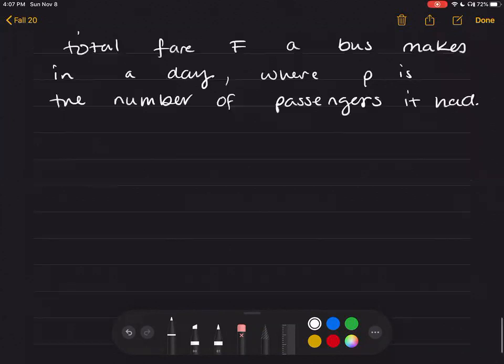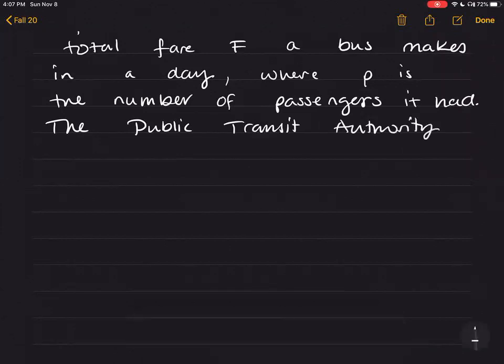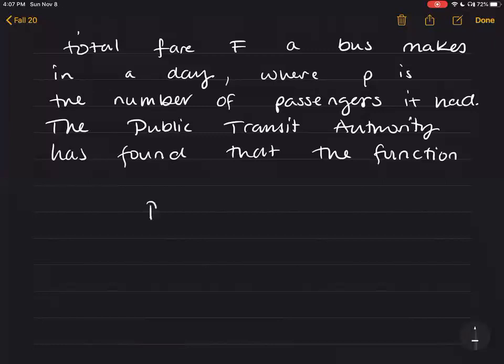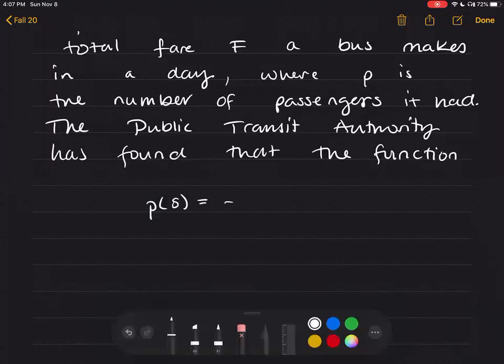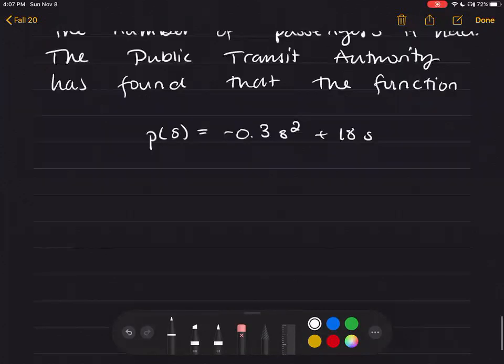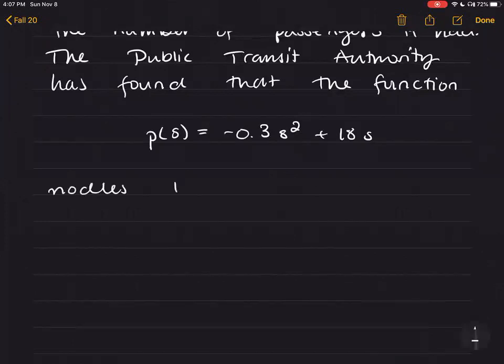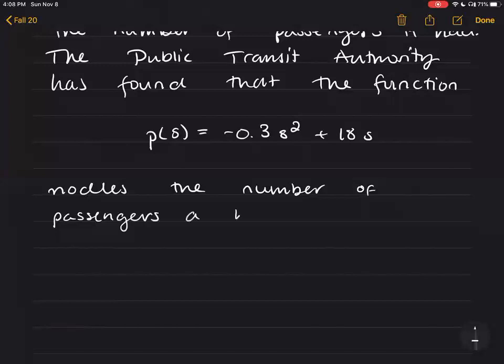Okay. The Public Transit Authority has found that the function, and it's going to be p of s equal to negative 0.3 s squared plus 18s, models the number of passengers a bus line or a bus has in a day.